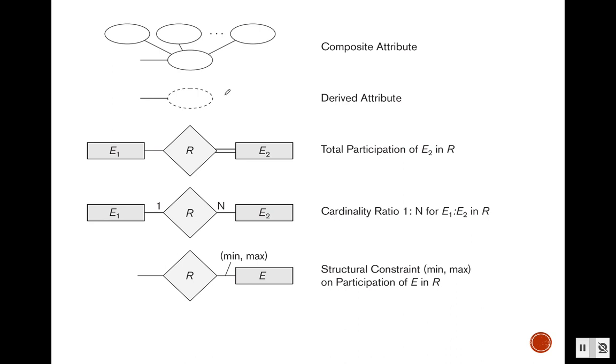That's for derived attribute. And these are the relationships. So here it says that E2 has the total, E1 has the partial participation. For E2, the cardinality ratio is 1 to n. Okay. Another way to show the cardinality ratio is using min max, but we'll talk about that in our next discussion.